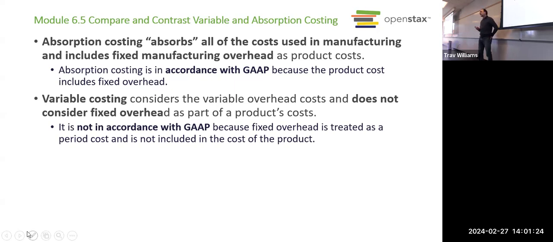So for example, to figure out our production costs, we look at our direct materials, our direct labor, and our manufacturing overhead. And we know the manufacturing overhead has some variable components and some fixed components, right? And that method that we've been doing all along is just called absorption costing.